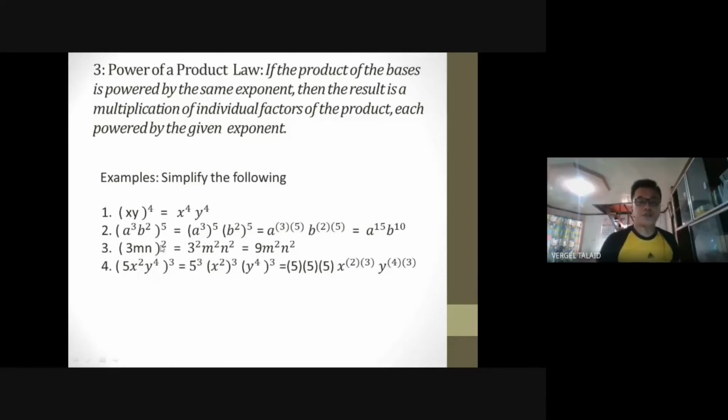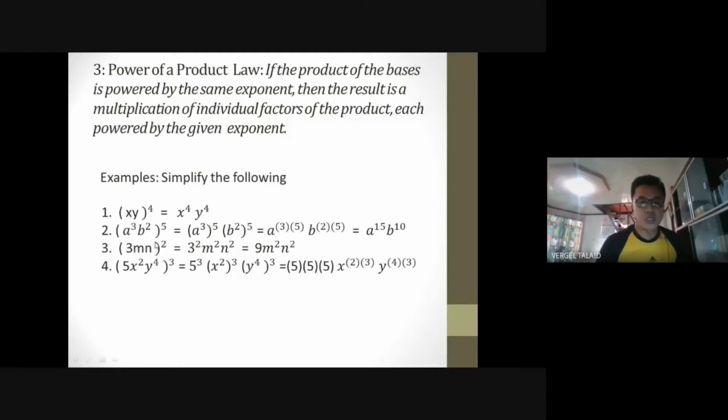Now, for number 3, since we already have the product of 3, m, and n, that is 3mn, raised to the power of 2. Do not multiply 3 by 2 because 3 is not an exponent. We have understood that 3 has 1 as an exponent, so that is 3 squared. 1 times 2, that is 3 squared.